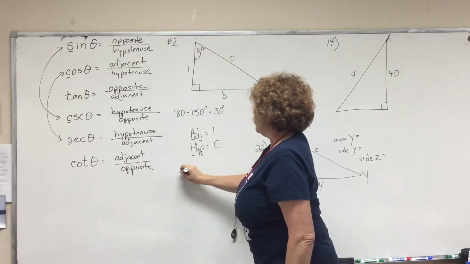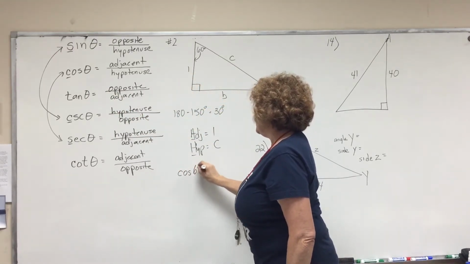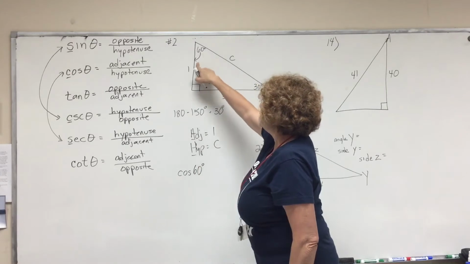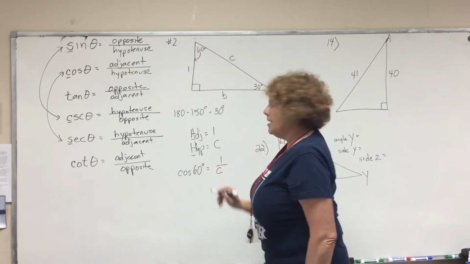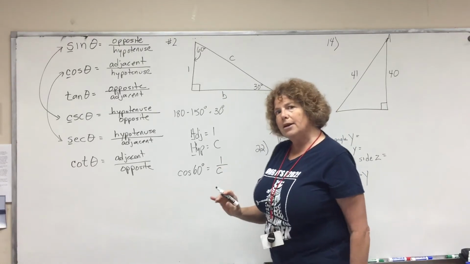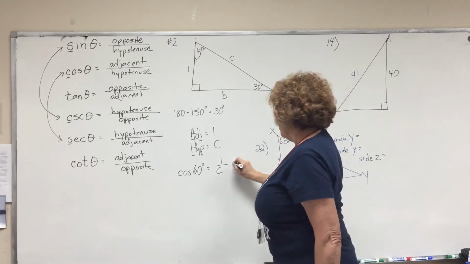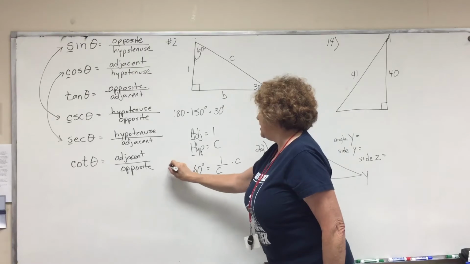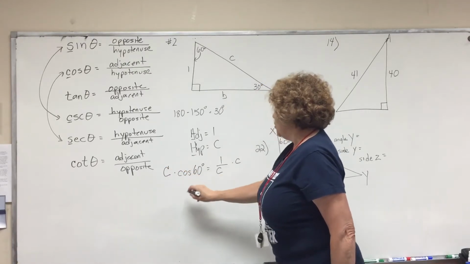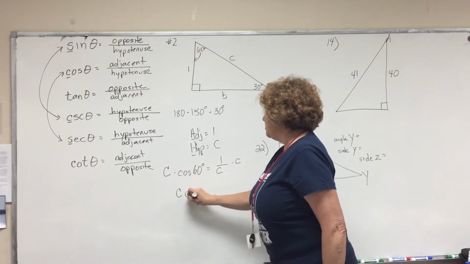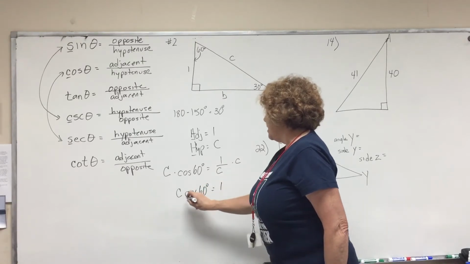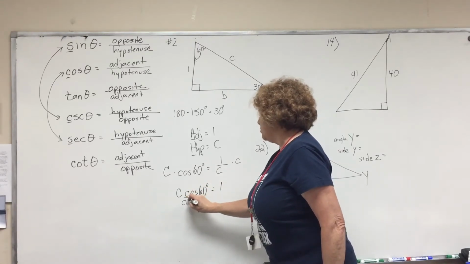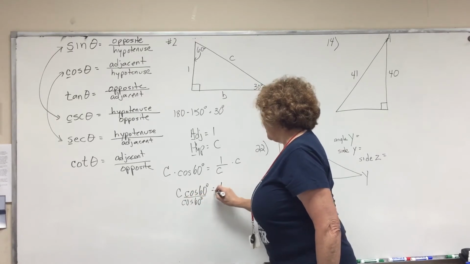So I'm going to say the cosine of 60, because this is 60 degrees, is adjacent over hypotenuse. And then it's just a matter of solving. Multiply both sides of your equation by c. And so you have c times the cosine of 60 equals 1. So now divide both sides by cosine of 60.